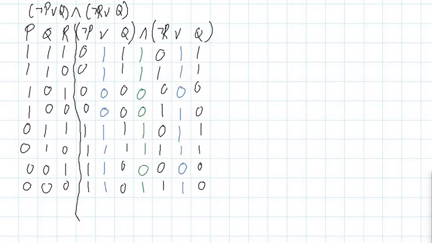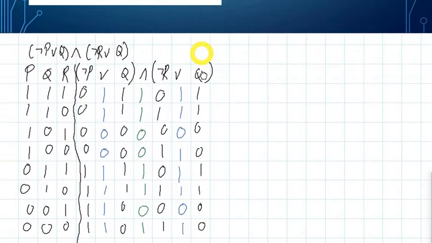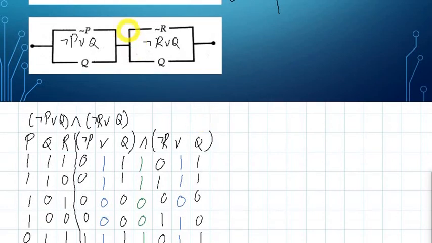So let's see as to when this proposition, or this network rather, will be closed. So obviously, if all are closed, as you can see here, let's also take a look at the diagram. So here you go. As you can see, if all are closed, not P will be open, but Q will be closed, so the current can flow here.